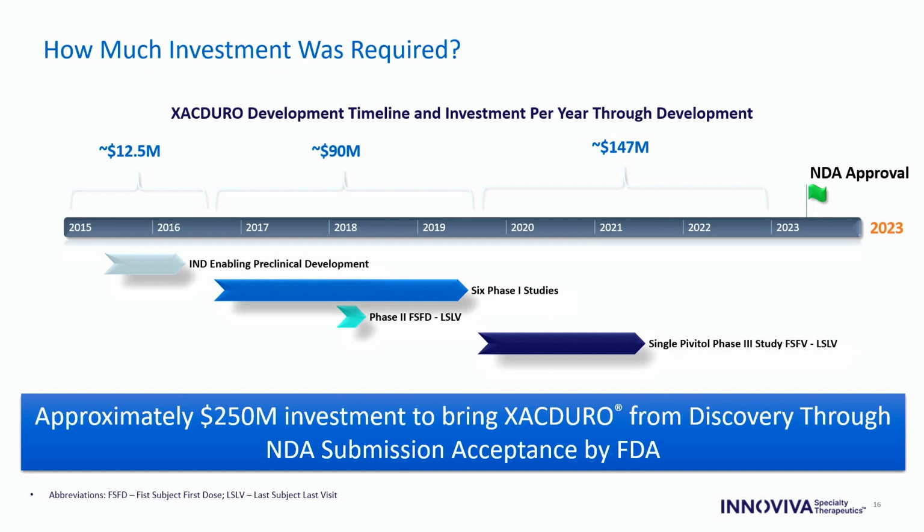And then starting in 2019, we initiated the phase 3 pivotal trial, the ATTACK trial for XACDURO. You can see in the costs here, we totaled approximately $250 million investment in order to bring this drug through preclinical and ultimate clinical development into a fileable package.